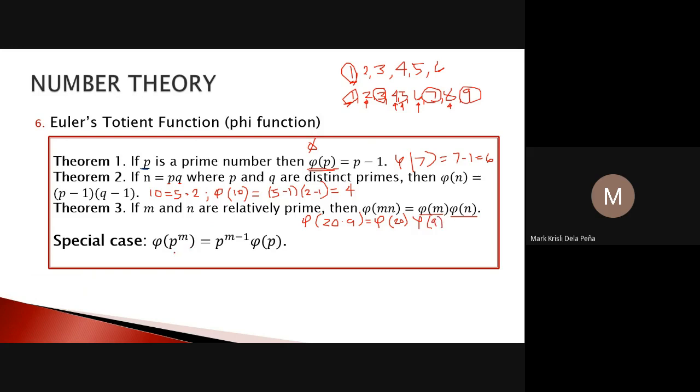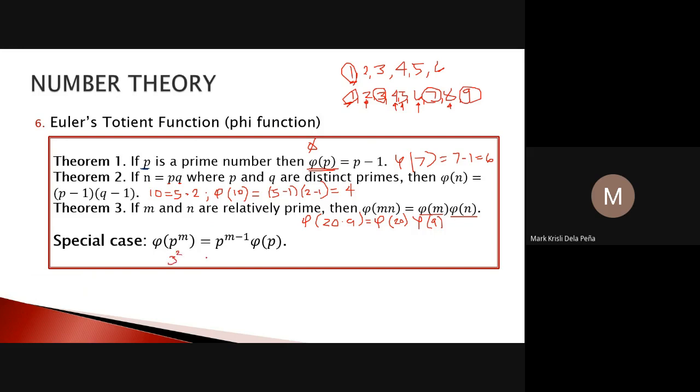If the number can be expressed as an exponential, then we will have to solve it first. For example, in this case, 9. Now, 9 can be expressed as 3 squared.